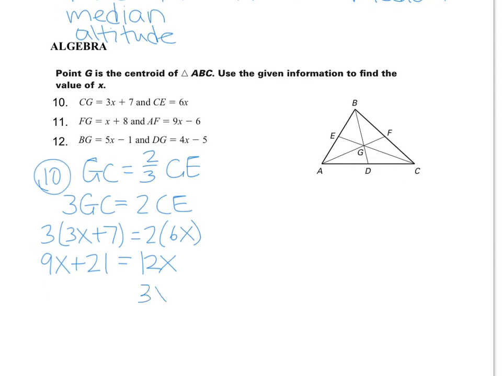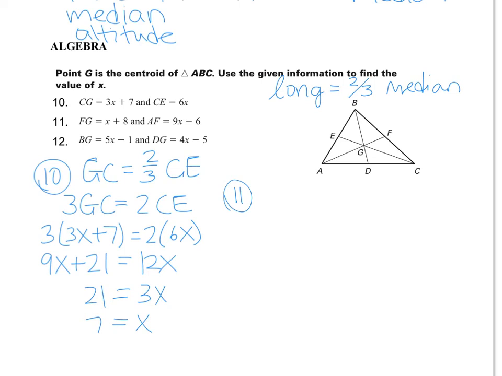Subtract 9x and divide by 3. All right, and number 11, and that's the only time you have to worry about it: the longer piece is 2/3 the median. When you only have the long piece and the median, in an algebra sense like this, you have to use that 2/3, unfortunately.